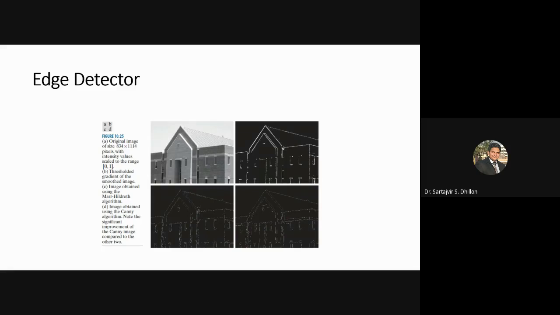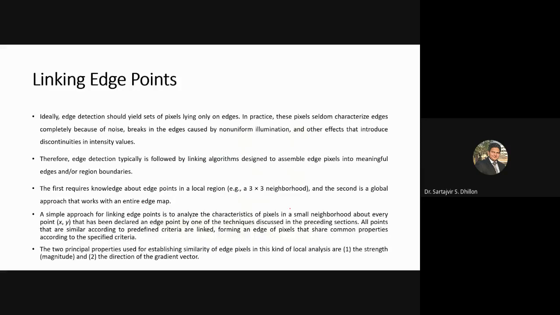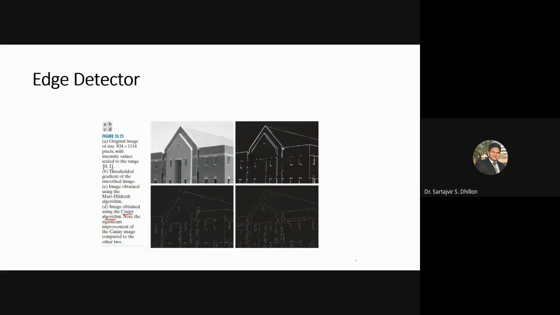But here they have used the Canny algorithm, which is another advanced algorithm used for detection. Here you can check how the algorithm output will be displayed to you. Now there is another point here. You can see that when we will see.